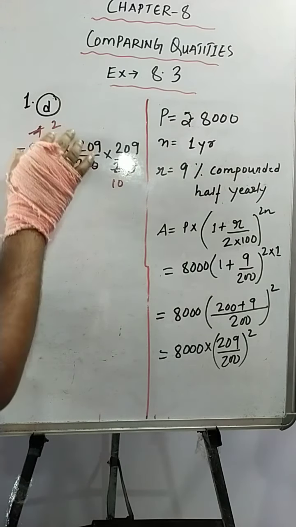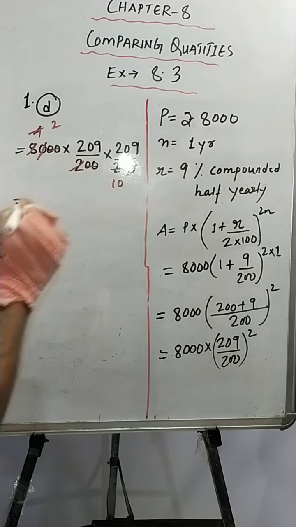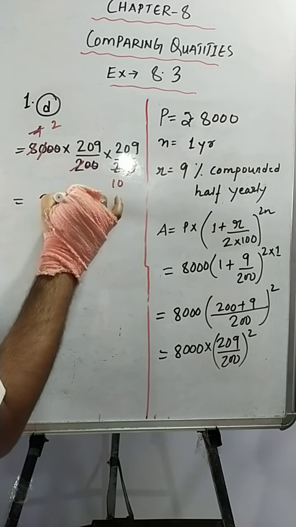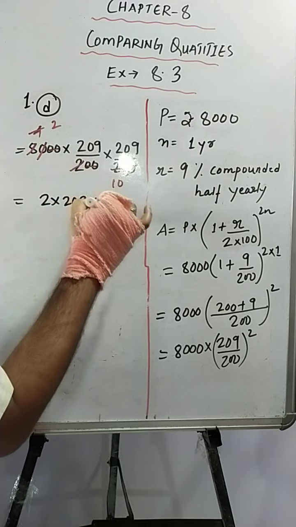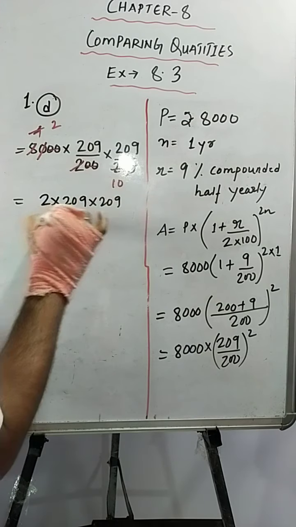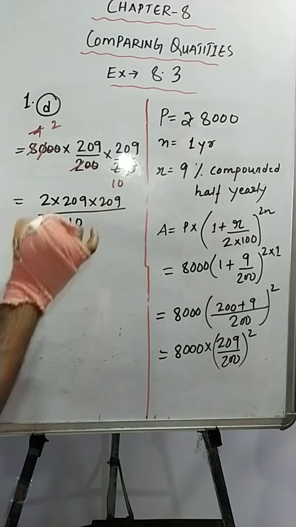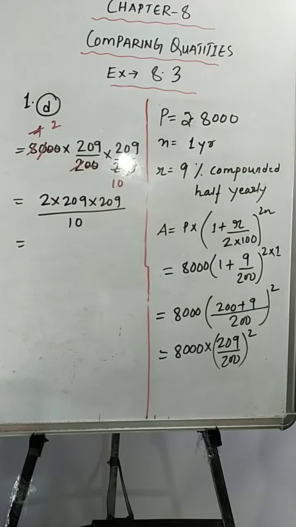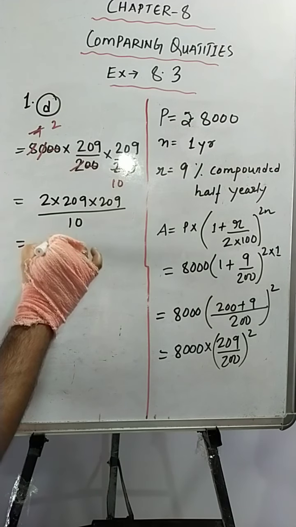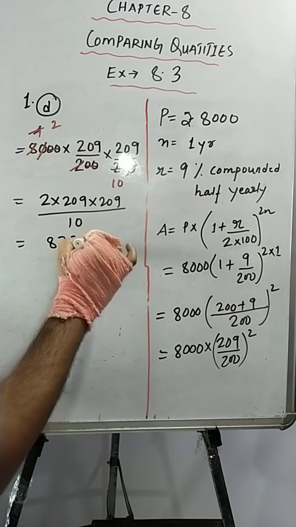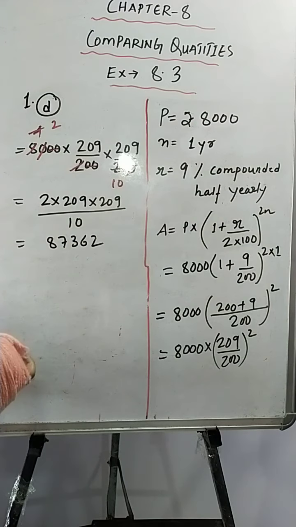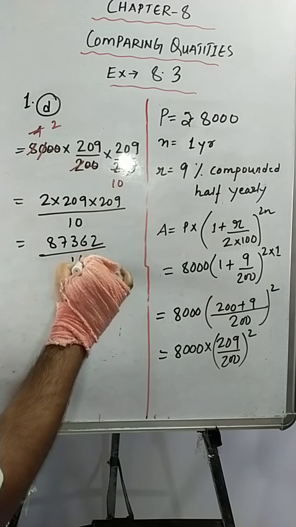So instead we'll multiply all these things together now. So 2 into 209 into 209 by 10. Just simply multiply all the numerators. Fine. If you multiply it, you will get the answer as 87362 by 10.